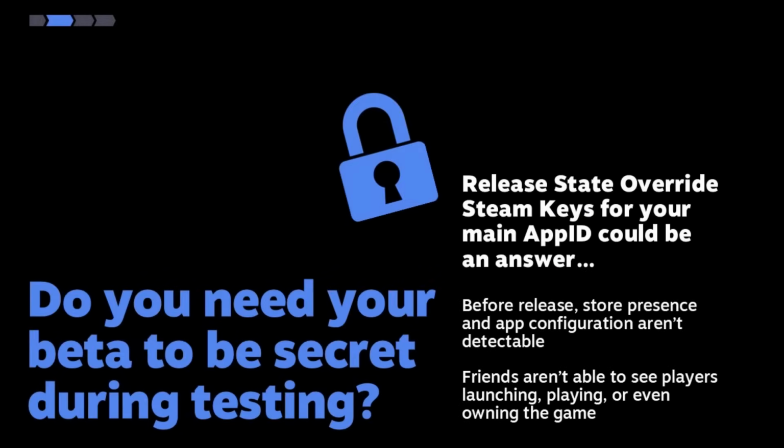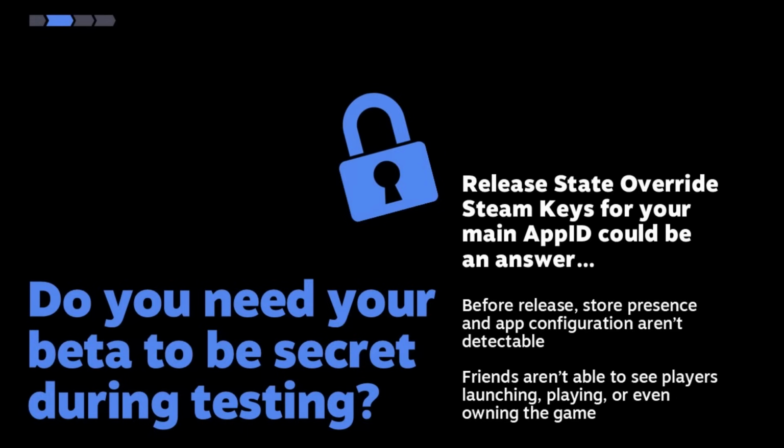Speaking of access and security, do you need your beta to be secret during this phase of testing? If so, release date override Steam keys for your main app ID could be an answer for you. And that's because before release, store presence and app configuration aren't detectable. And in this case, when you're using a release date override Steam key, you have not released your game.